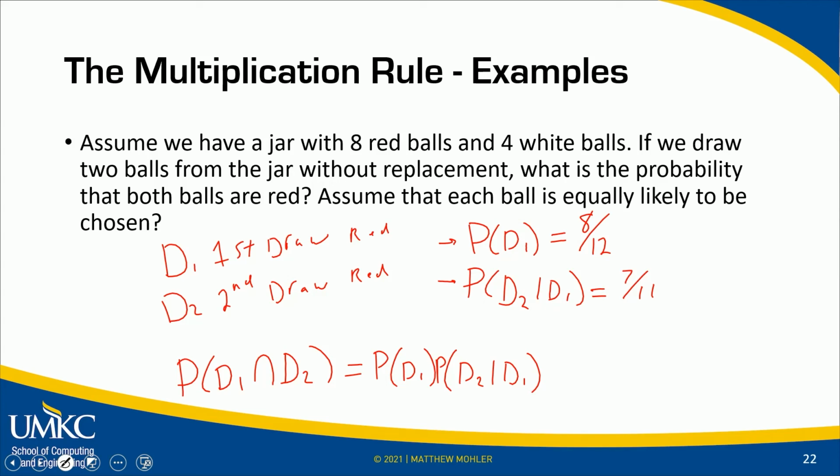The probability of D1 is 8/12ths, and the probability of D2 conditioned on D1 is 7/11ths. So the probability of drawing red on both the first and second draw is just the product of these two probabilities. 8/12ths multiplied by 7/11ths is equal to 14 out of 33. So the total probability of drawing 2 red balls is 14 out of 33, or a little bit less than 1/2.